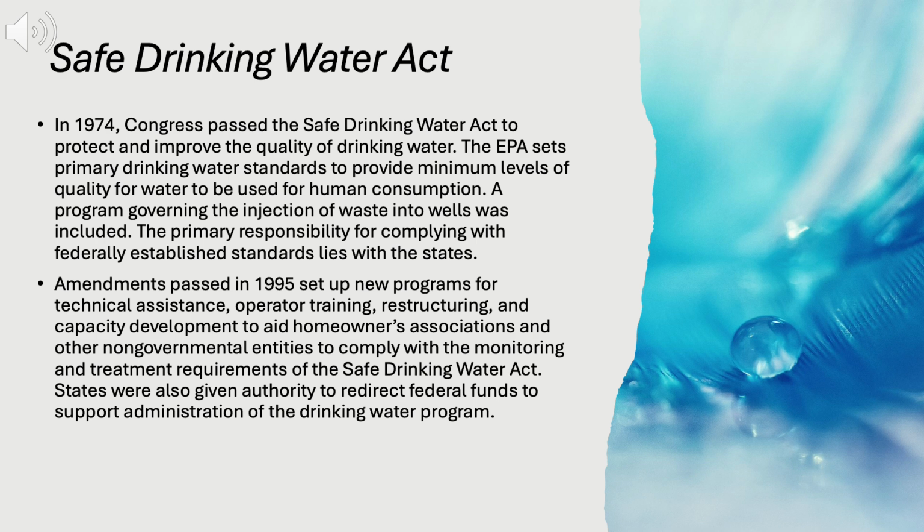Amendments passed in 1995 set up new programs for technical assistance, operator training, restructuring, and capacity development to aid homeowners associations and other non-governmental entities to comply with the monitoring and treatment requirements of the Safe Drinking Water Act. States were also given authority to redirect federal funds to support administration of the drinking water program.